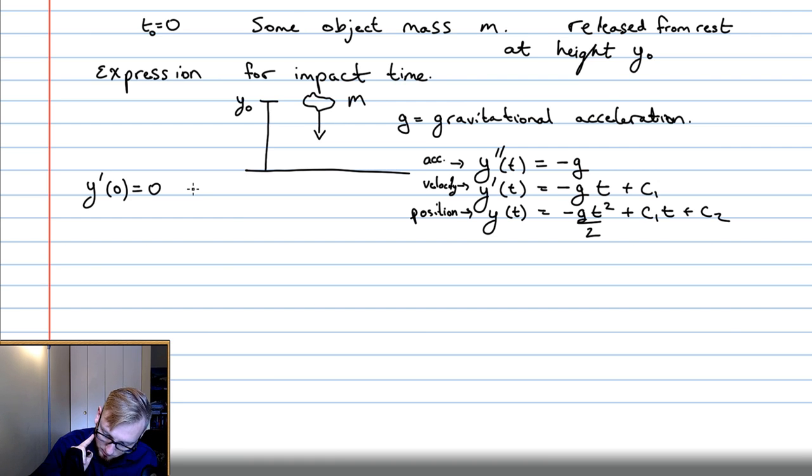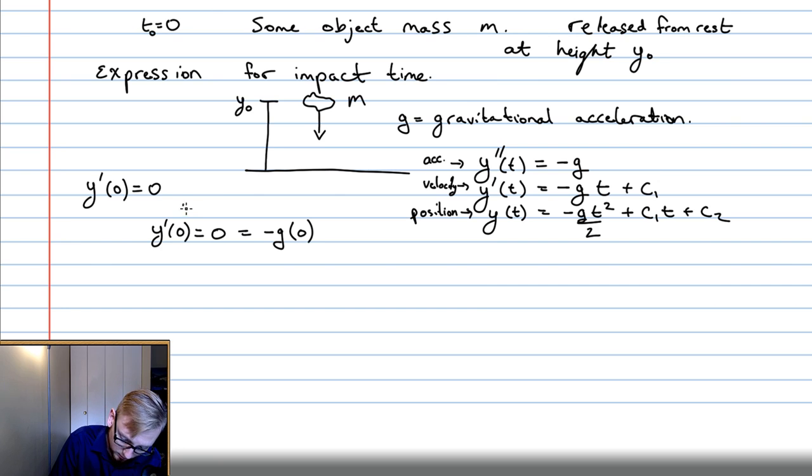That means our y prime of 0 is 0, which equals negative g times t, which is 0, plus some constant c1, which implies c1 is 0.